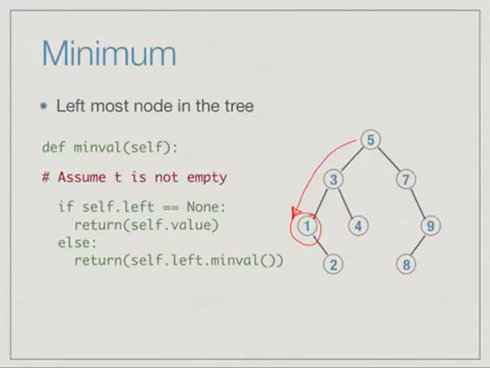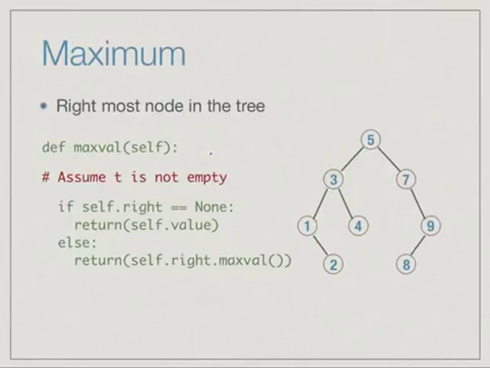So if we start, for instance, at 5, it will say that 5 has a left subtree. So the minimum value below 5 is the minimum value below its left child. So we go to 3. Now we say that the minimum value below 3 is the minimum value below its left child. So we go to 1. Then we say that the minimum value is the value at 1 because there is no left child, and therefore we get the answer 1. And it is indeed true that anything below that is only on the right, and that is 2.